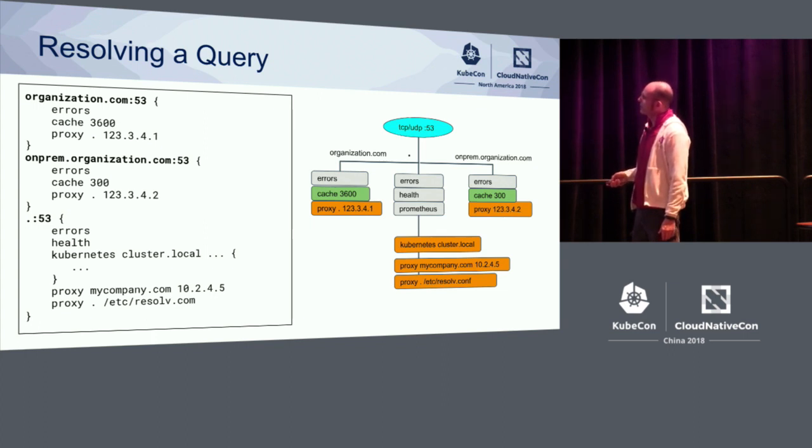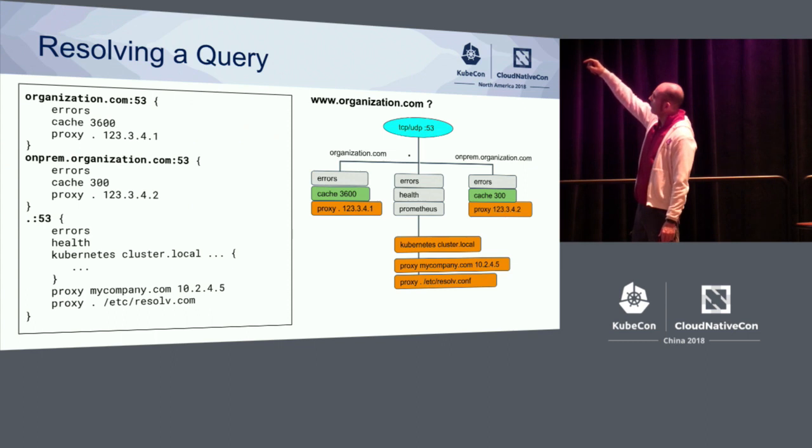So how does it work is, on the tree, when the queries come in, so let's say we have a query, it will get into the tree decision by the top, and then we'll go into the branch depending on the domain queried. It will try to match the most specific domain you are querying.